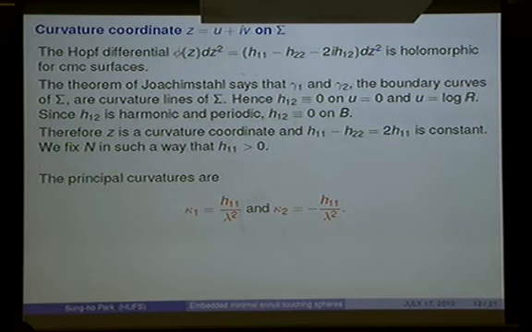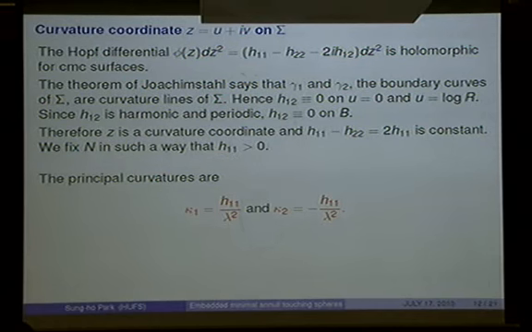H12 is a harmonic function and periodic, so it is identically 0 on the whole strip. That means the coordinate is a curvature coordinate, and H11 minus H22 is a real constant. Because sigma is minimal, it is equal to 2 times H11. We fix the unit normal vector field on sigma in such a way that H11 is positive.